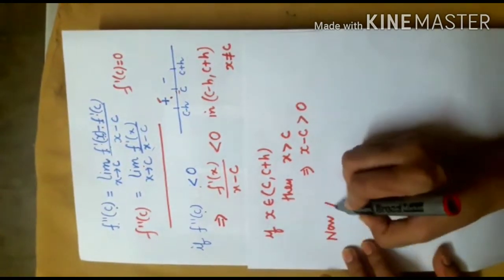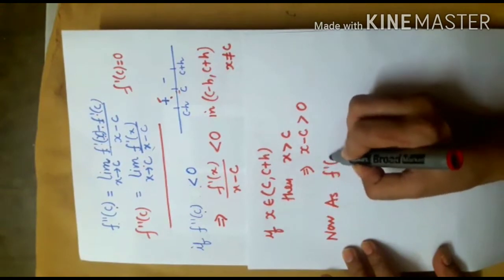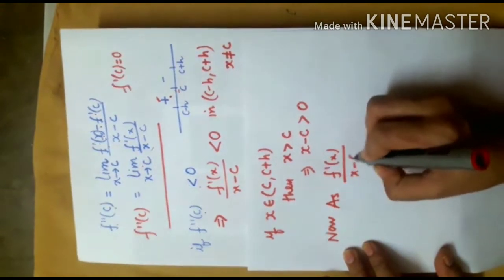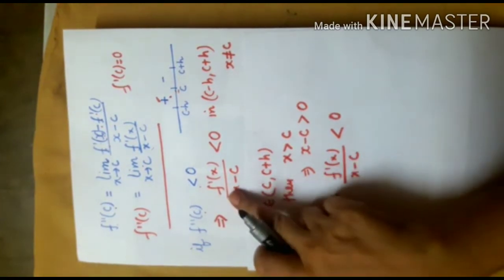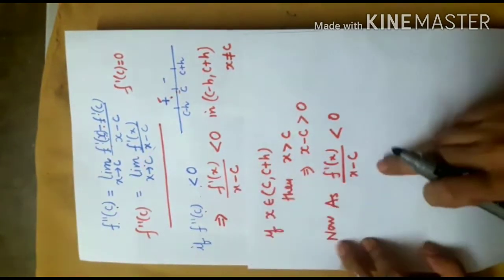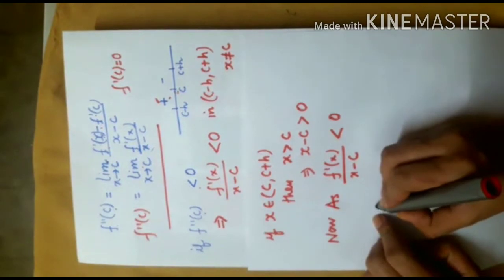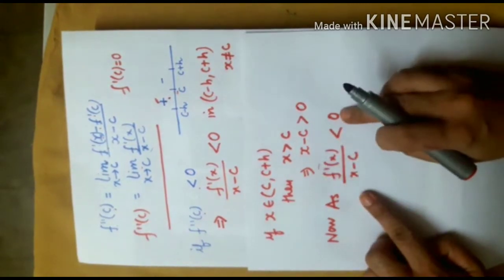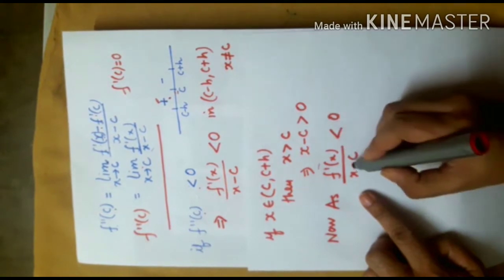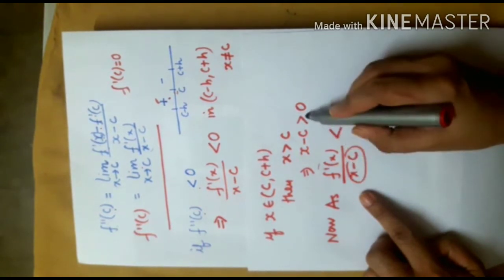Now, as f dash x over x minus c is less than 0 by this condition, this whole quantity is negative. The denominator here is positive.